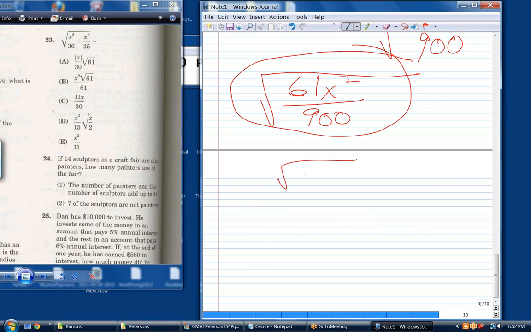So we've got the square root of 61x squared all over the square root of 900, which is 30. Which answer is this? Well, it can either be A or C.